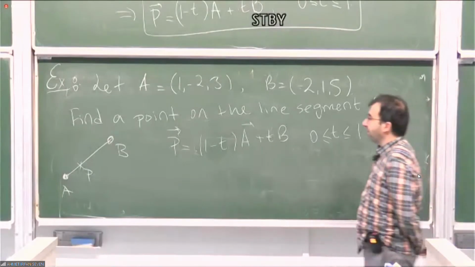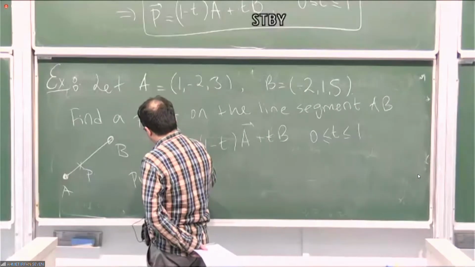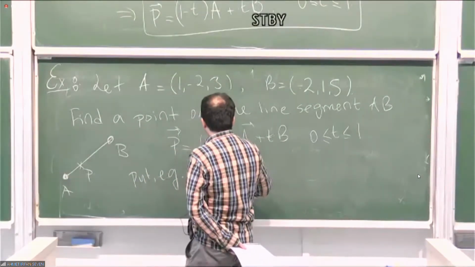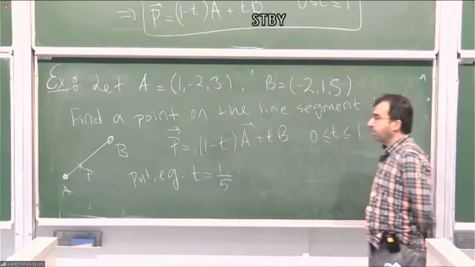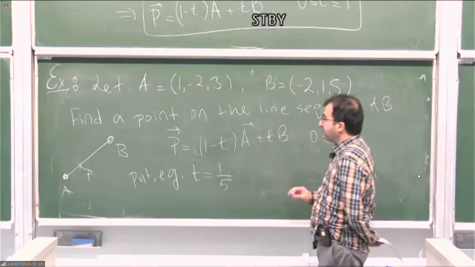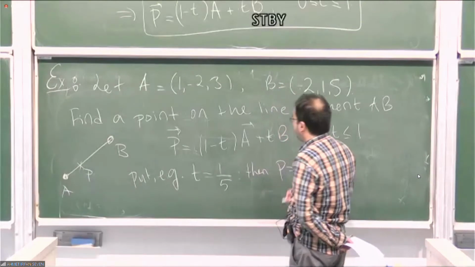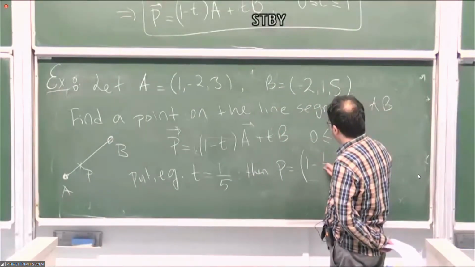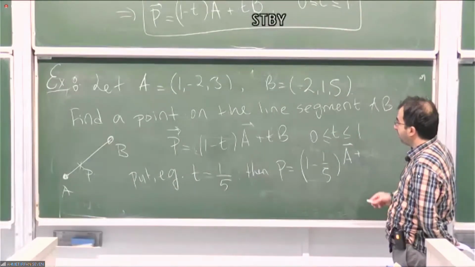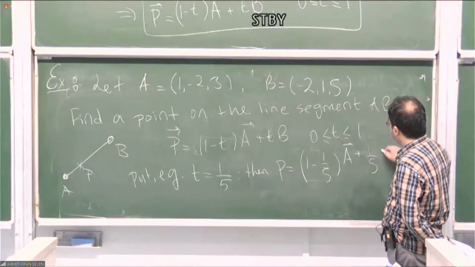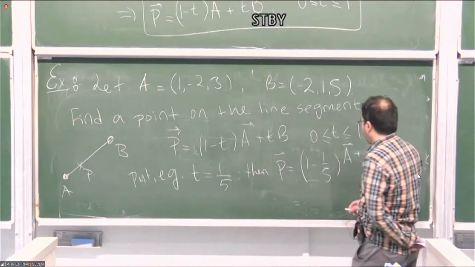Let's give some value. Put, for example, T equals 1/5. Why not? This will give me 1 point. Then P will be equal to 1 minus 1 over 5 times A plus T times B. So T is 1 over 5 B. Okay.